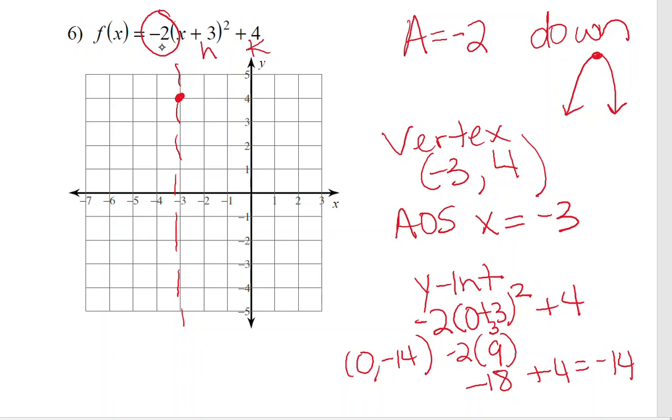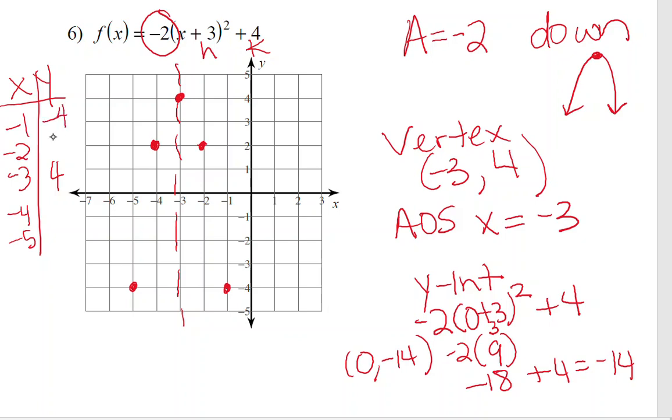The a value will help us find more points. We can go over 1, down 2 using the a value, and over 2, down 8. We could have also made a table of values, and since we know the vertex is (negative 3, 4), we could have plugged in negative 4 and negative 5, negative 2 and negative 1 to get our other points.